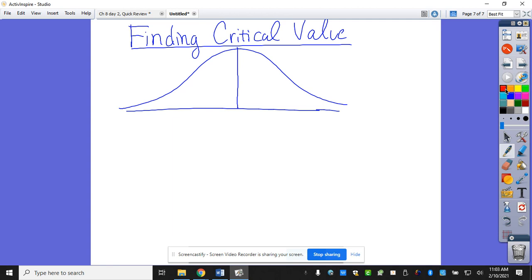Alright, so it's 68%. It's split equally. So whatever distance I am this way is the same distance I am this way. So it's the same distance apart. So from here to here is 68%. And we've got to figure out what this z-score is right here and what this z-score is right here.